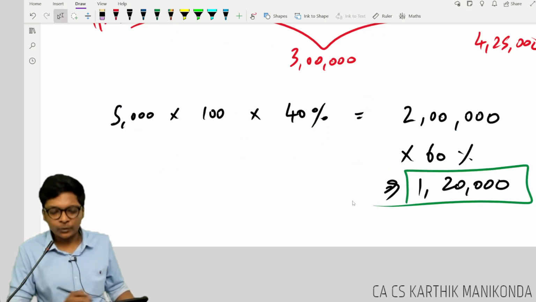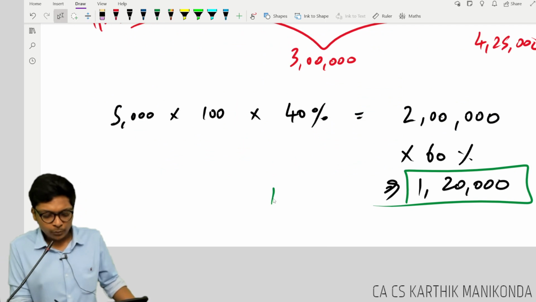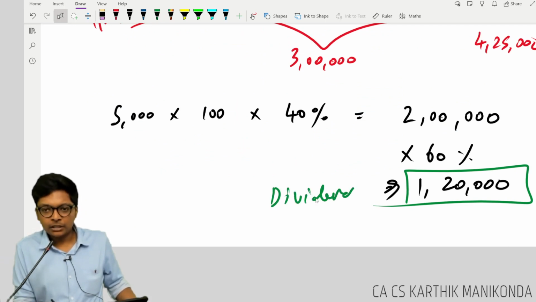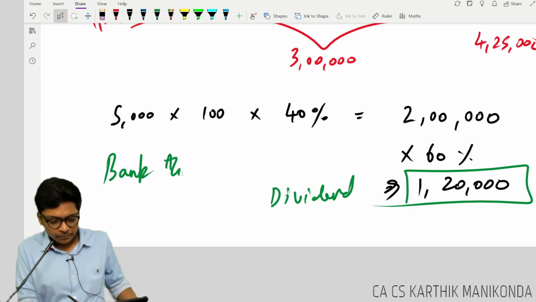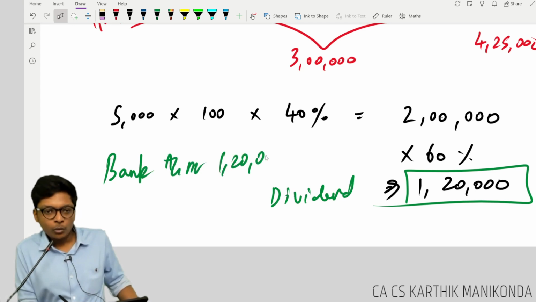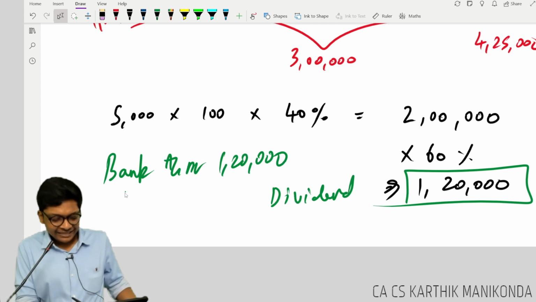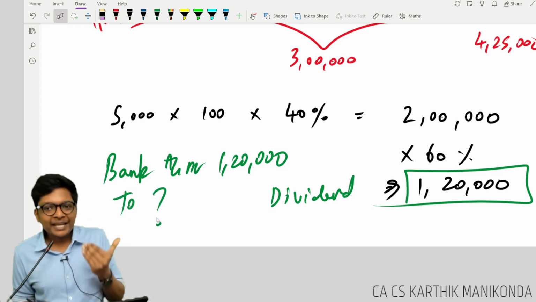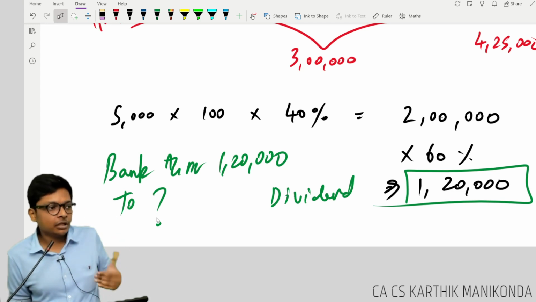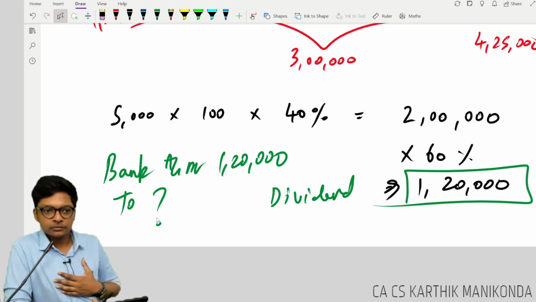Everybody clear with 1,20,000? 1,20,000 is the amount of dividend. For the dividend that I am receiving, the entry will be bank account debit 1,20,000 and credit P&L, credit pre-acquisition investment. Are you following, guys?